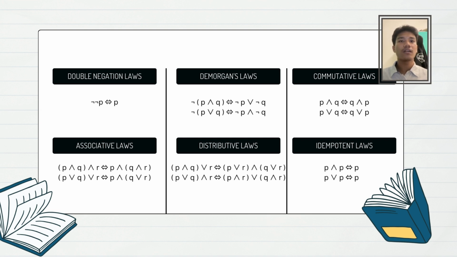Same goes to P or (Q and R), and the answer will be in the bracket (P or Q) and in the bracket (P or R). Then we go to the idempotent law. If P and P, the answer will be P. If P or P, the answer will be P.